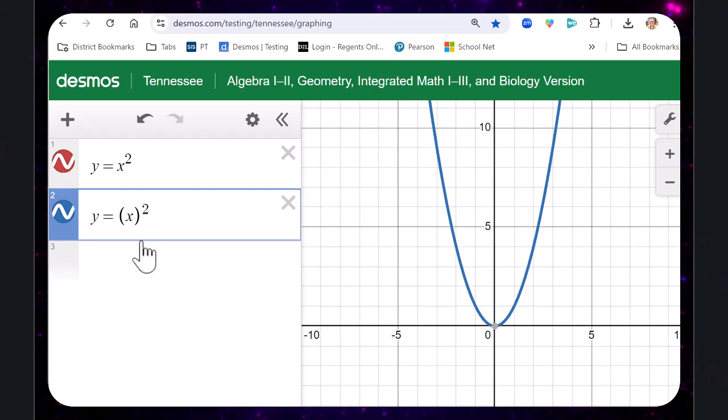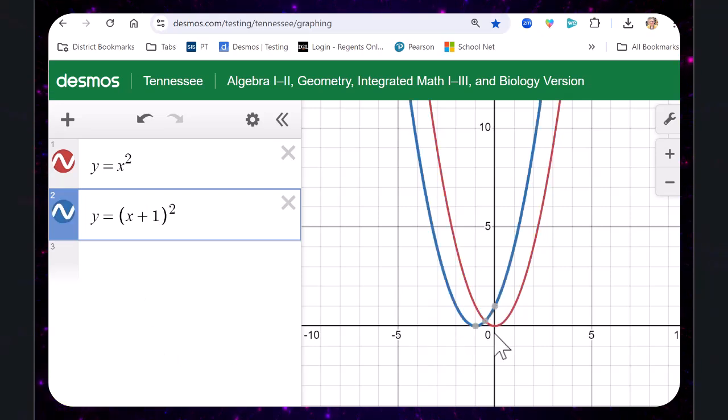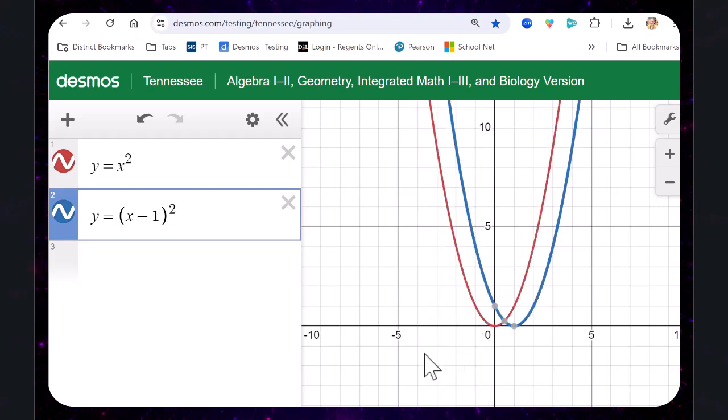So if I add 1, it's actually going to go left 1. So plus 1, see how the blue moved to the left 1 spot? And if I change that to minus 1, it's going to move to the right. So left and right will have the opposite effect that you expect.